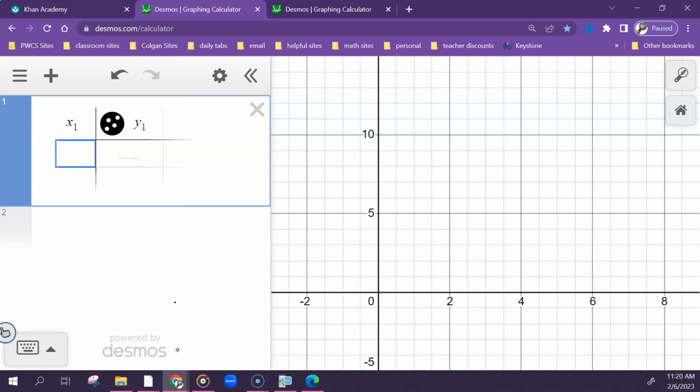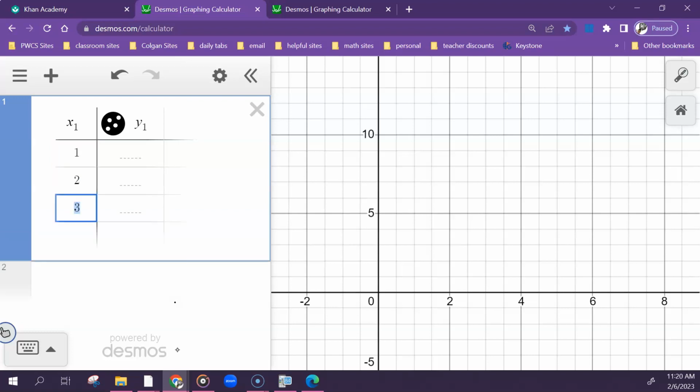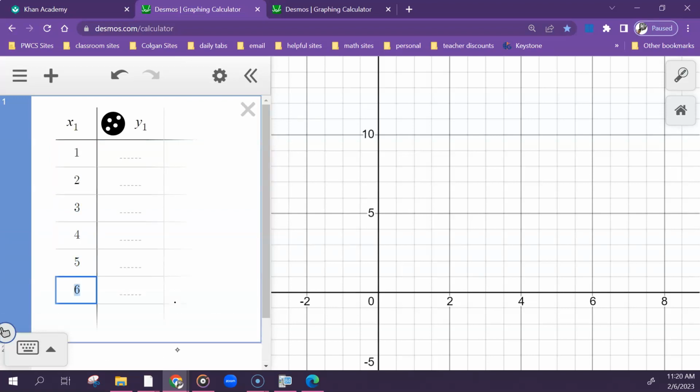Okay. If you are using Desmos, remember that for the X, if you hit enter a couple times, it'll realize the pattern and put in the rest of those for you. The Y's you'll have to put in individually. If you're using the calculator, you'll need to follow the steps to do the next piece, which is go over to Calc and find your linear regression.